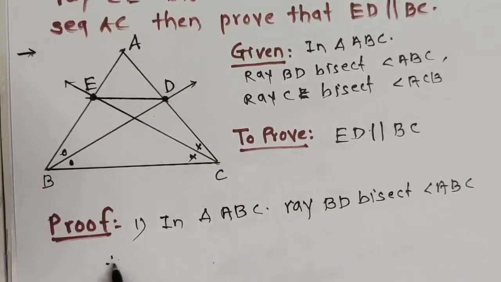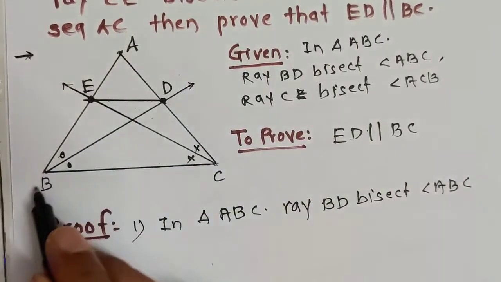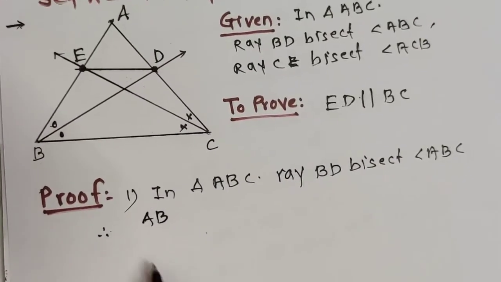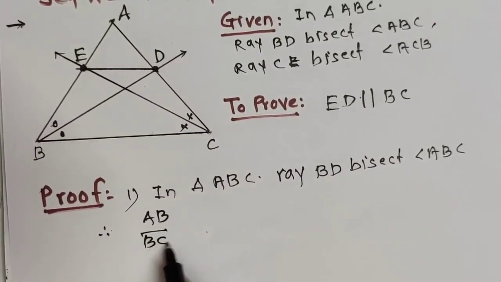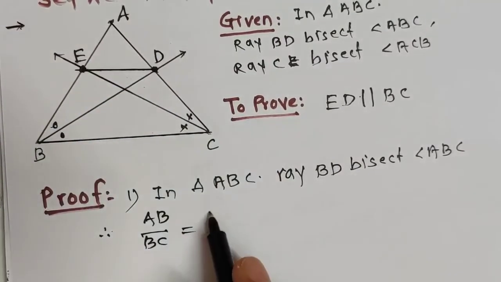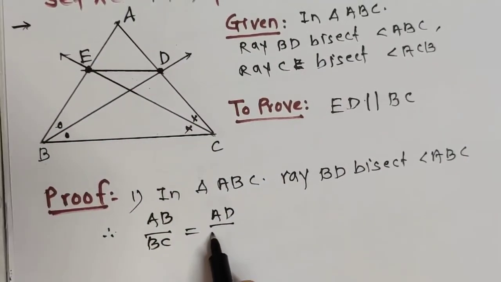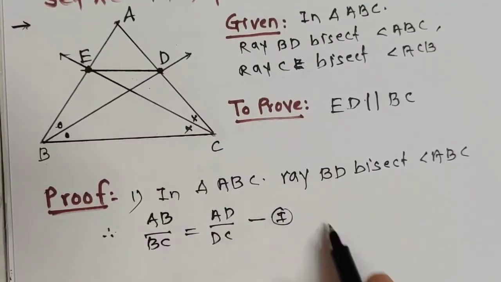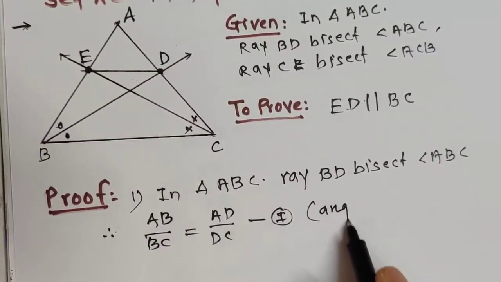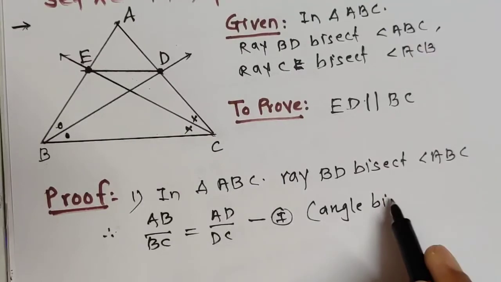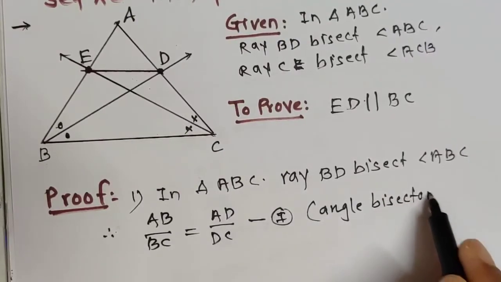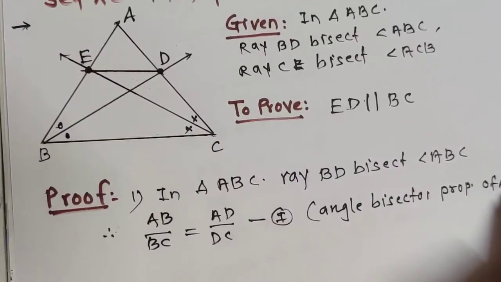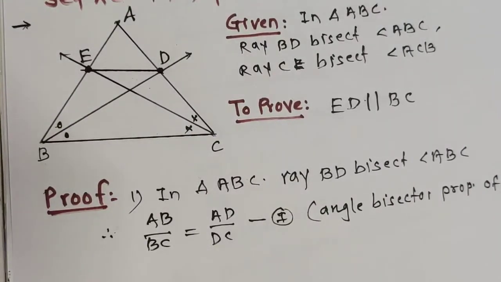Therefore, use angle bisector property here. AB upon BC is equal to AD upon DC. This is statement number 1. And reason, angle bisector property of triangle.